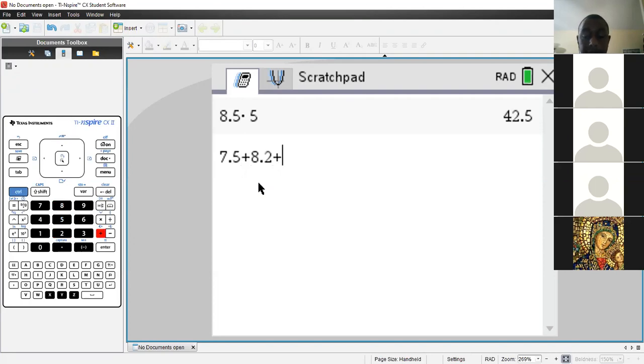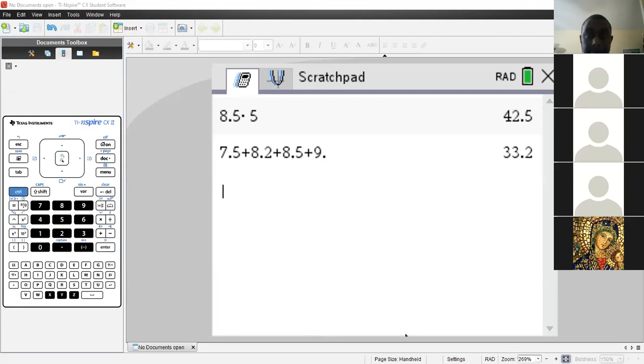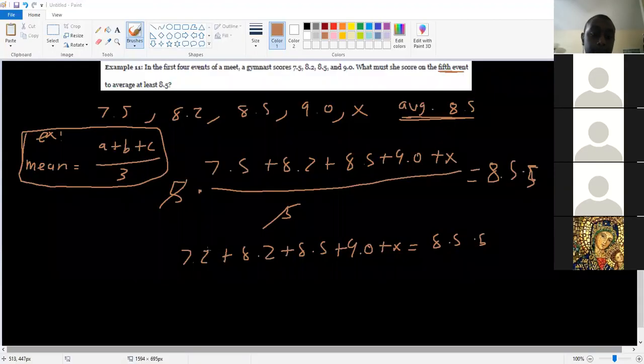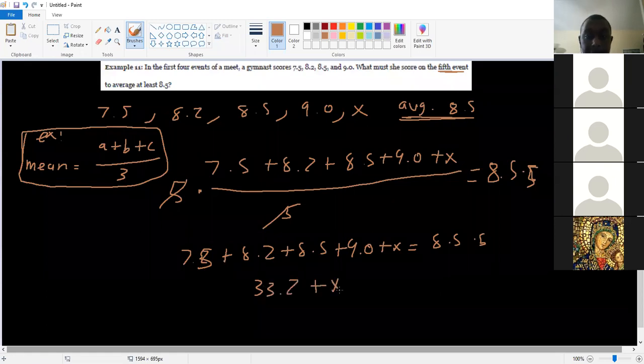So we get 33.2. So 33.2 plus x equals 42.5.